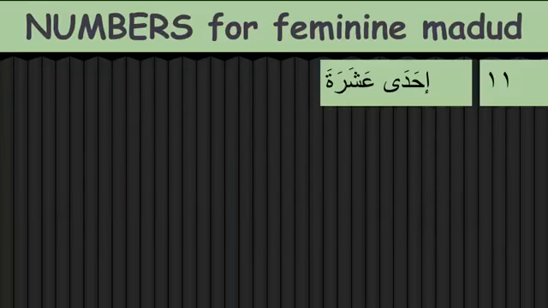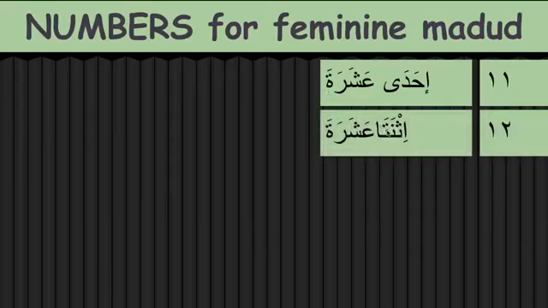So for the feminine, we have the feminine form of 1, which is ihda. The masculine form is ahada and the feminine form is ihda. Ashara will have a ta marbuta to show that it is feminine. So ihda ashara, ithnata ashara.